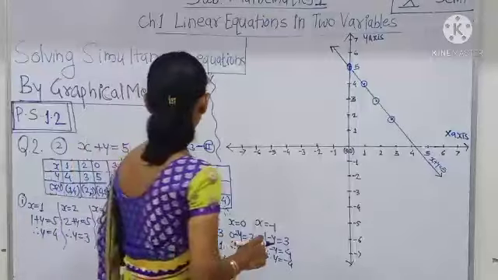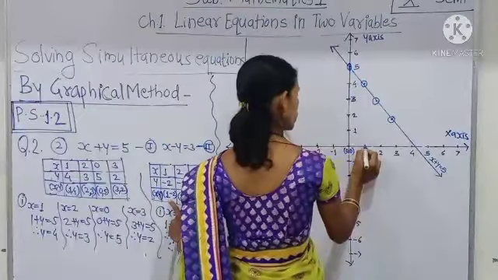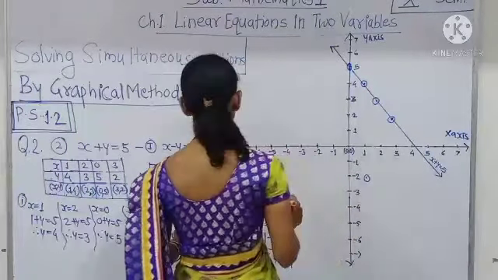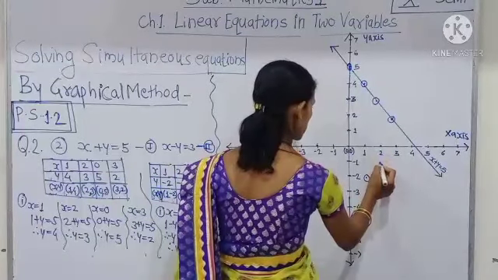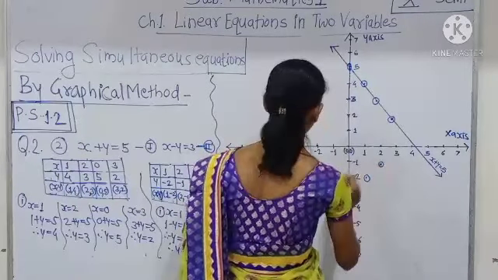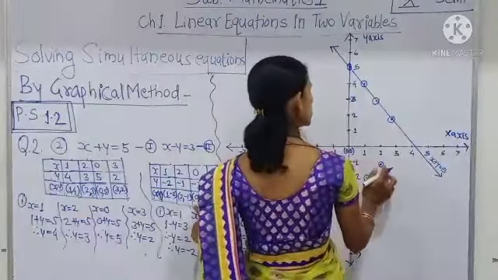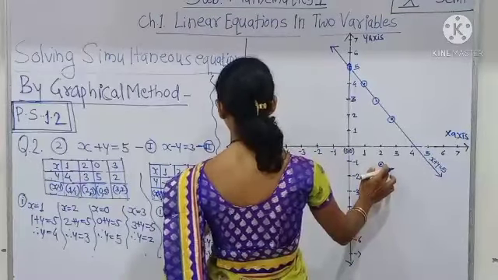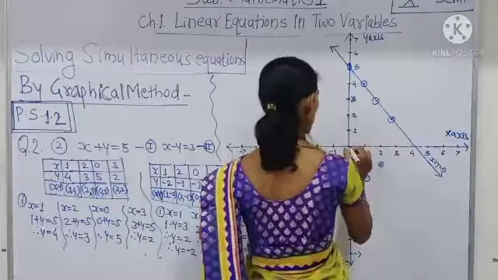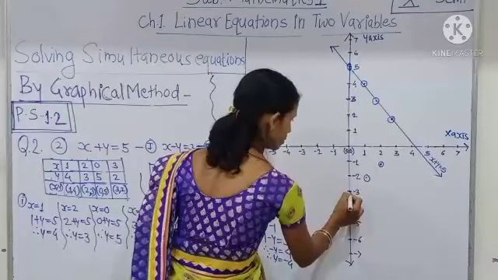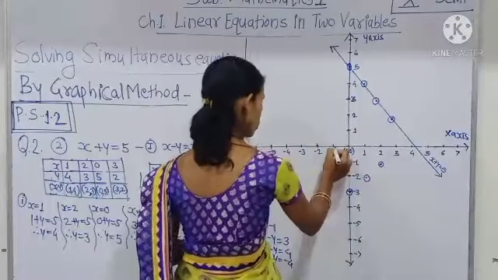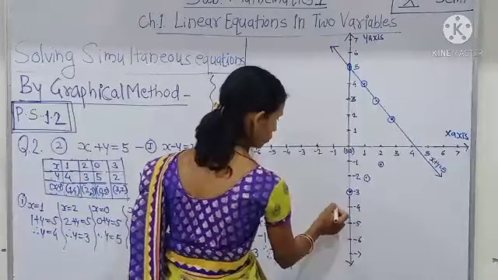See here, (1, -2): on x-axis 1 and on y-axis minus 2. (2, -1), that is 2 on x-axis, minus 1 on y-axis, that is the second point. (0, -3) is the third point, and (-1, -4): minus 1 on x-axis and minus 4 on y-axis.